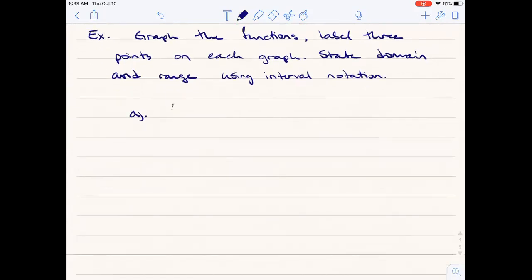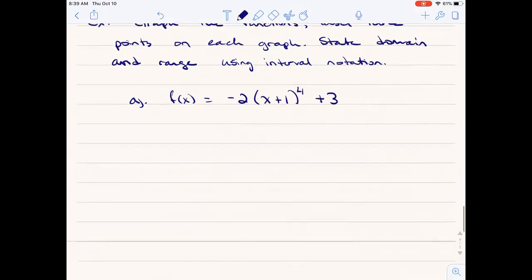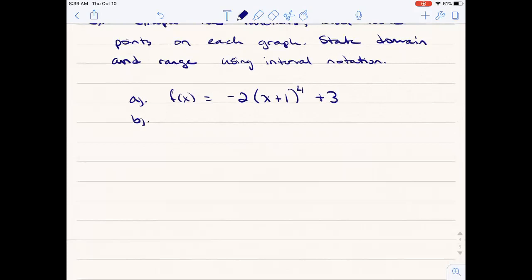The first one we're going to look at is f of x is -2 times x plus 1 to the power of 4 plus 3. And then a little bit trickier, we'll look at g of t is 2t minus 1 to the power of 3 over 5.